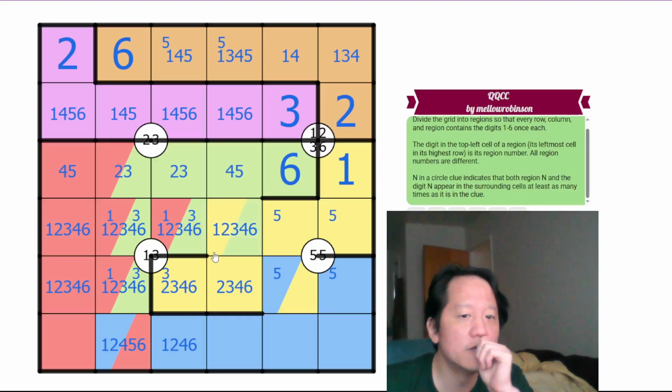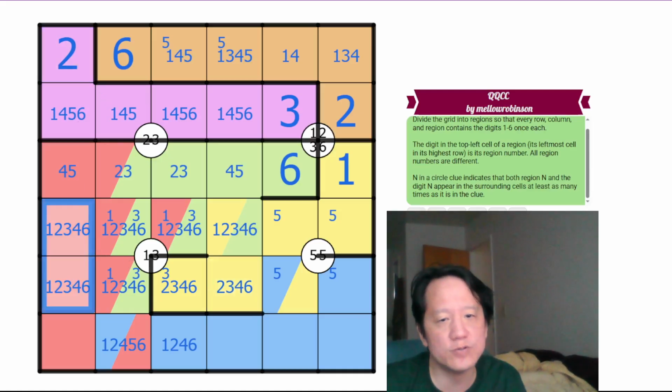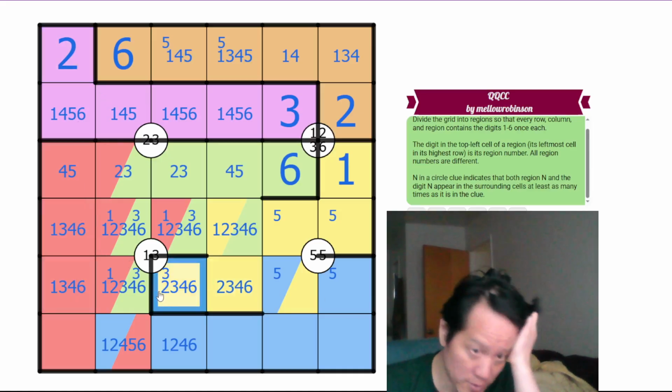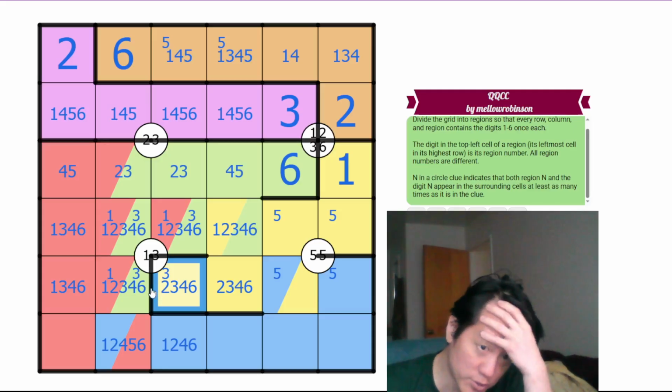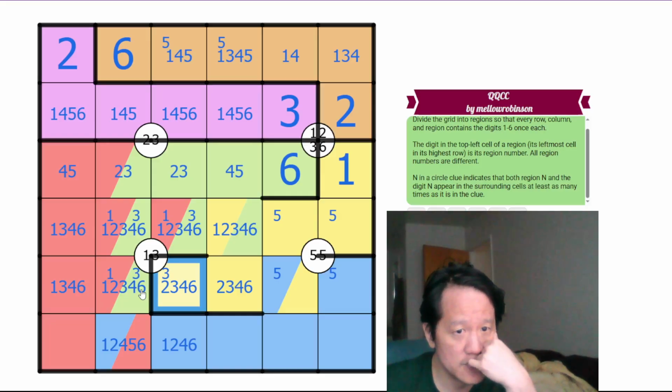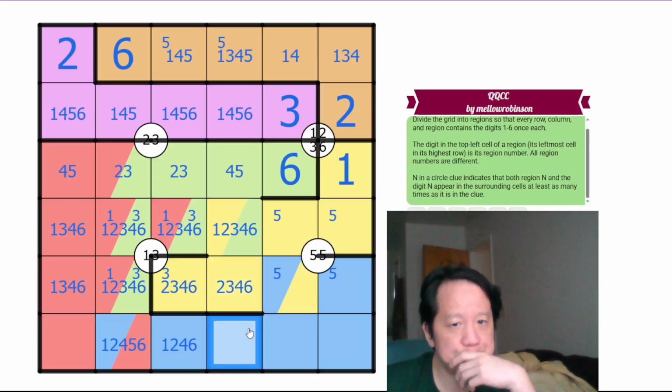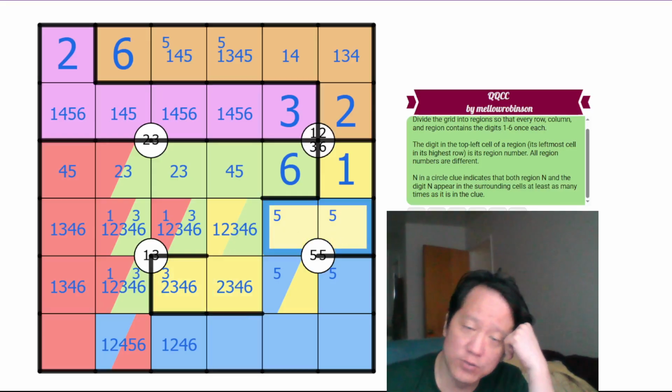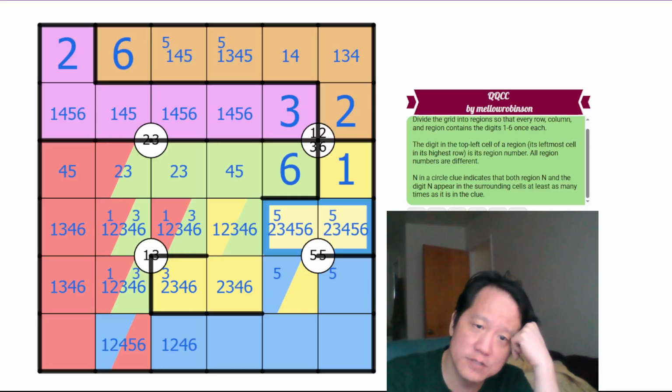Okay. 2 eliminates 2 as a possibility here. So red needs access to a 2, but we don't know where it is. Remaining digits of the yellow region are 2 through 6.